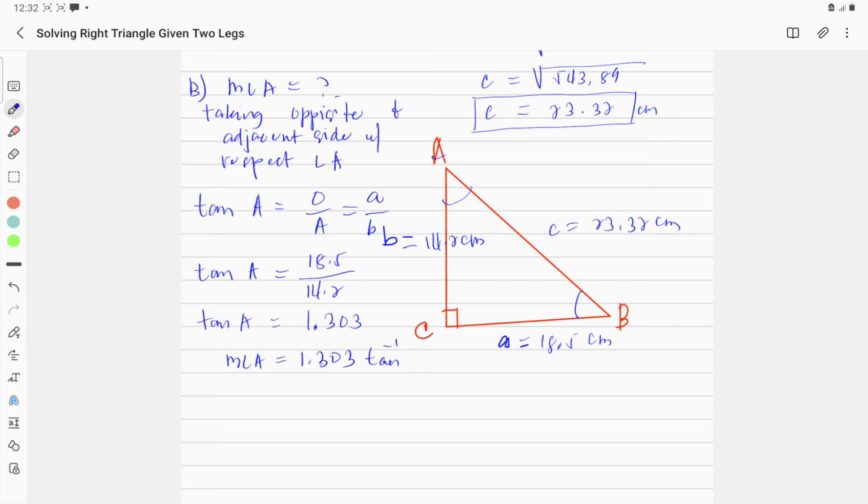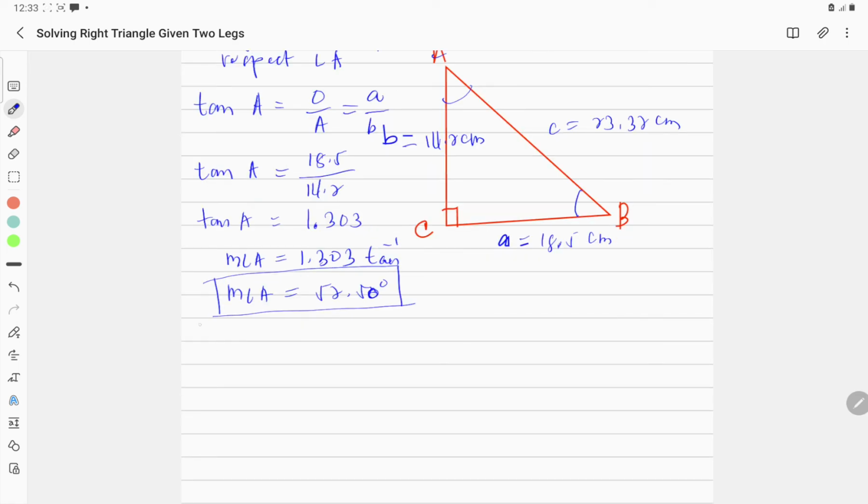That will give you the measure of angle A as equal to 52.50 degrees. So this is now your measure of angle A. Up next, we will be solving the measure of angle B.